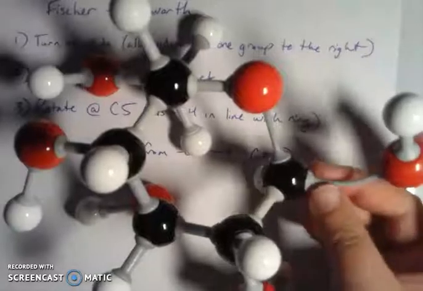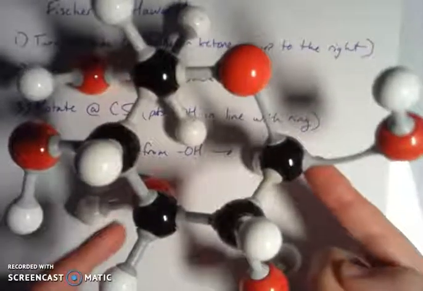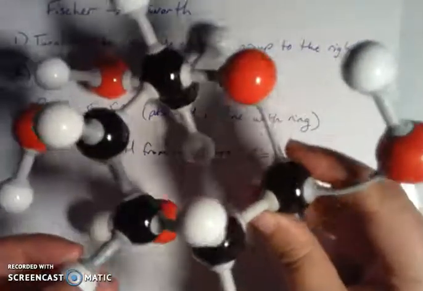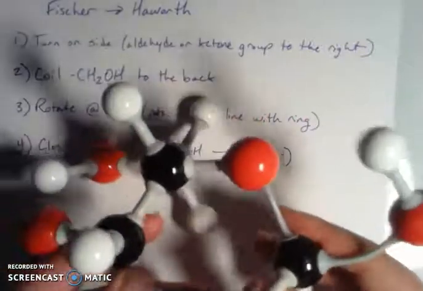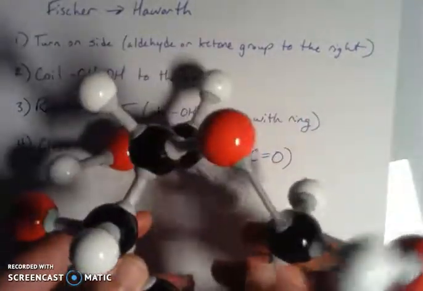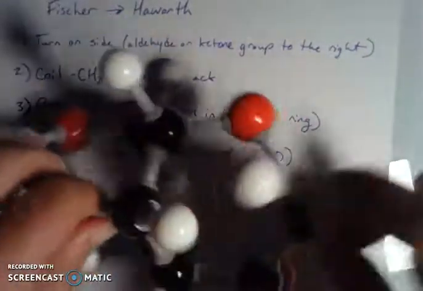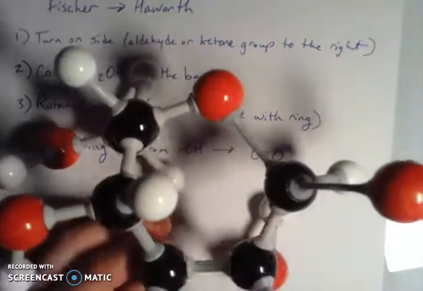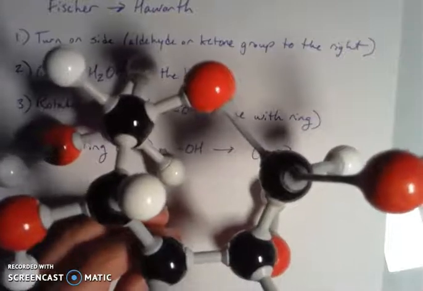So with this one, because the hydroxyl group is sticking upwards, here's my ring structure. It's usually in a chair conformation, if I can get it to do that. Oh yeah, there we go. Here's my chair conformation, and it's sticking up. So that sticking up means that it's the beta conformation.